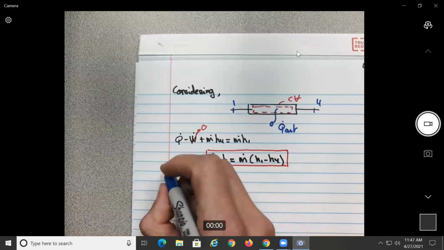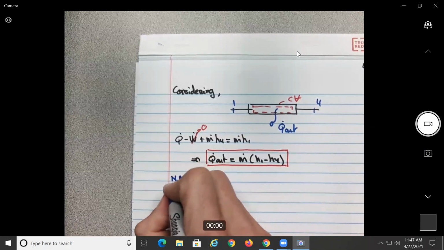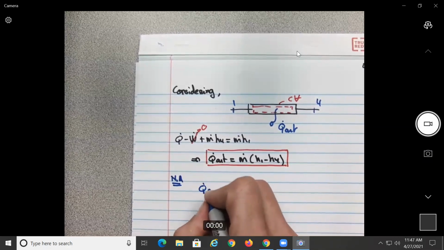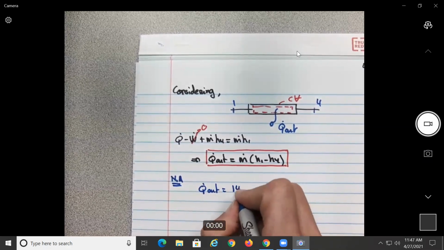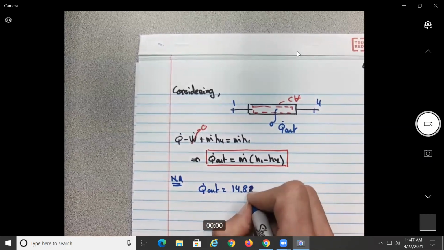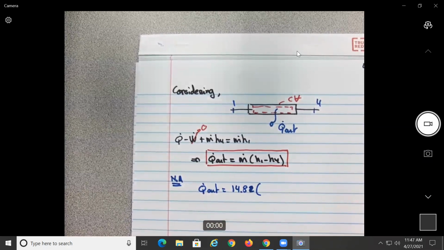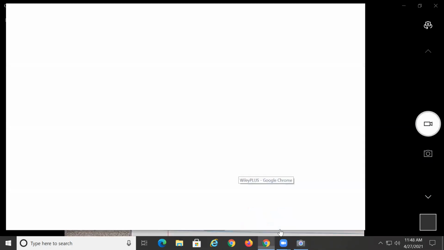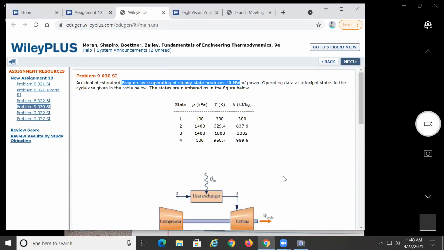So we do the numerical application. Q out is 14.82 times 300 minus 989.6.